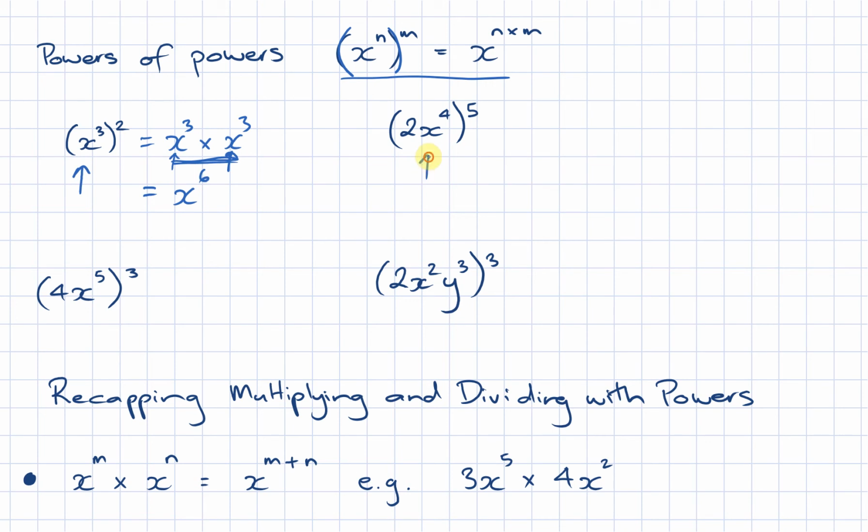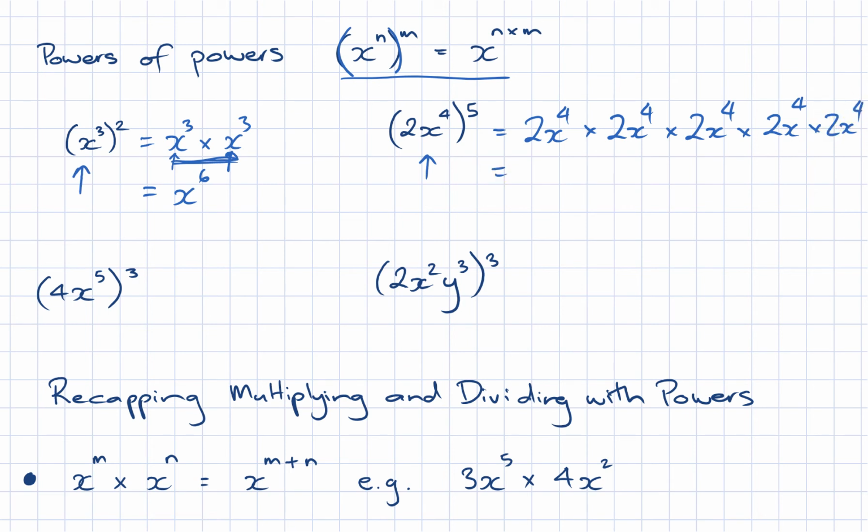Let's have a look at this second example. 2x to the power of 4 is being raised to the power of 5. If I were to write that out in full, it would look like this. So we've actually got 5 of those being multiplied.